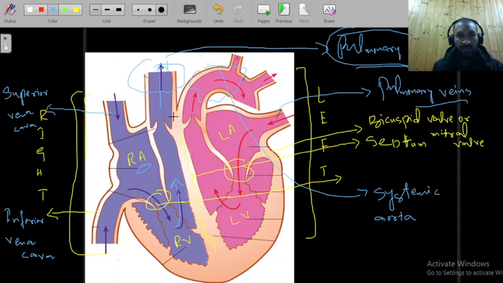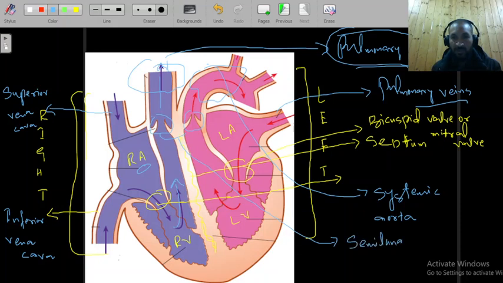So in these two arteries, you do find these valves at the base. Here is one valve and here is another valve. Collectively we refer to these valves as semilunar valves.